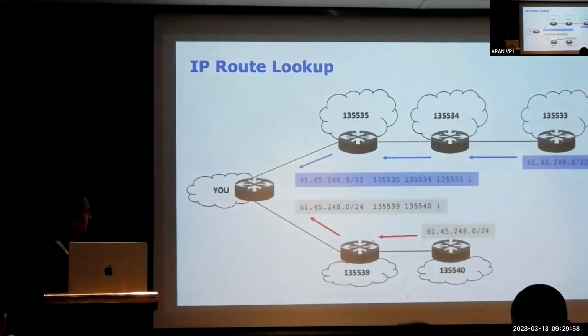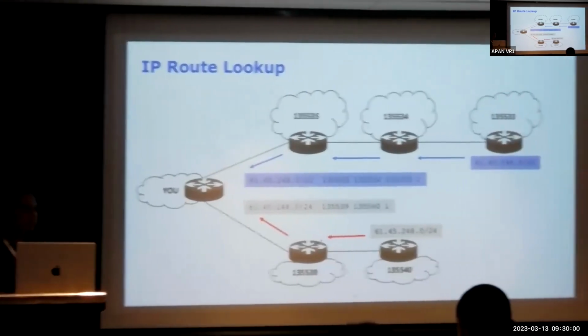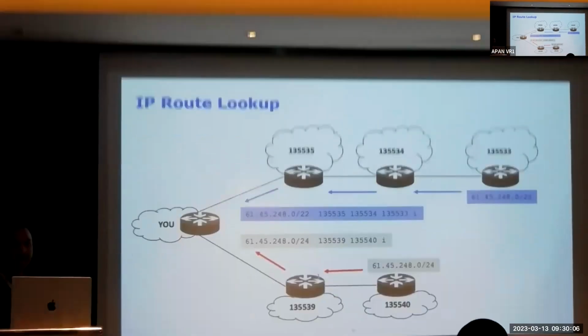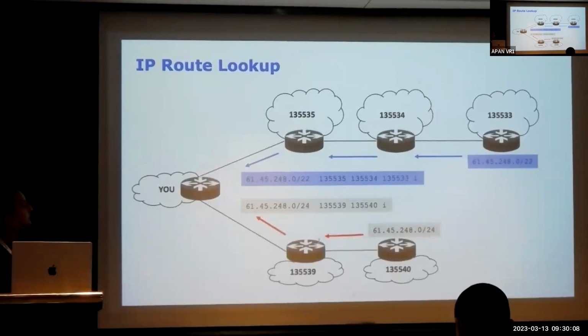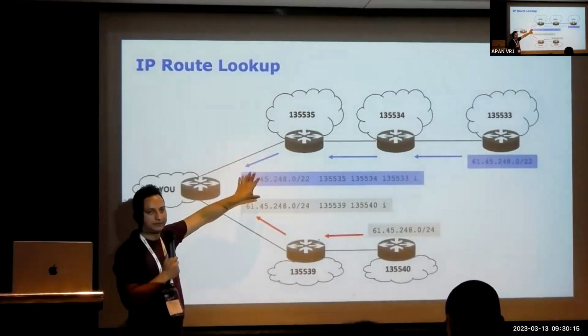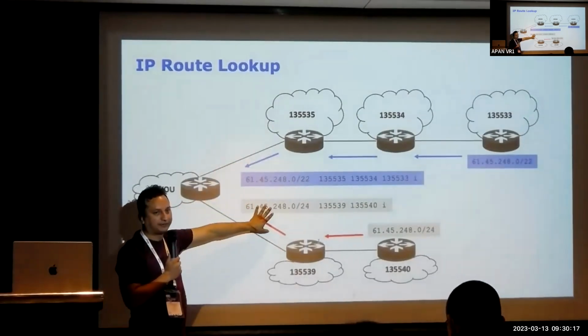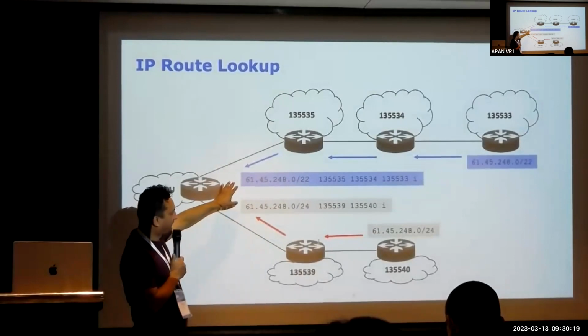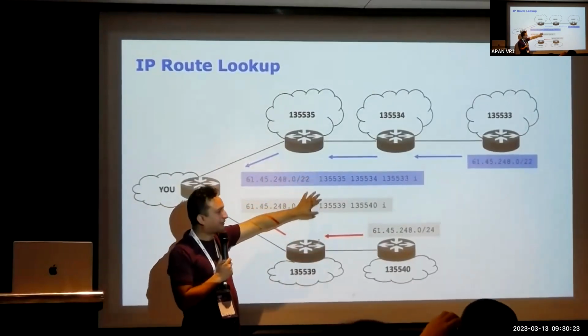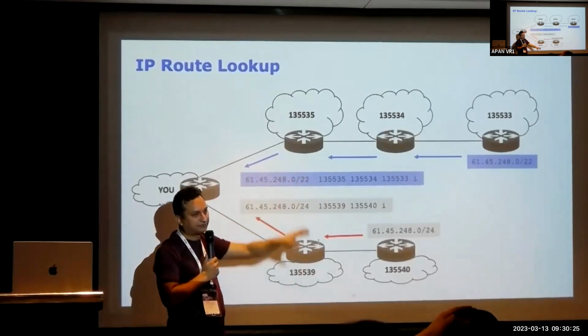And if I sit on that router and see that information, I have the prefix and only two AS numbers in the path, right? So if you compare these two in terms of path, this has the shorter path, right? And if you compare this in terms of the prefix length, this is a /22 and this is a /24.